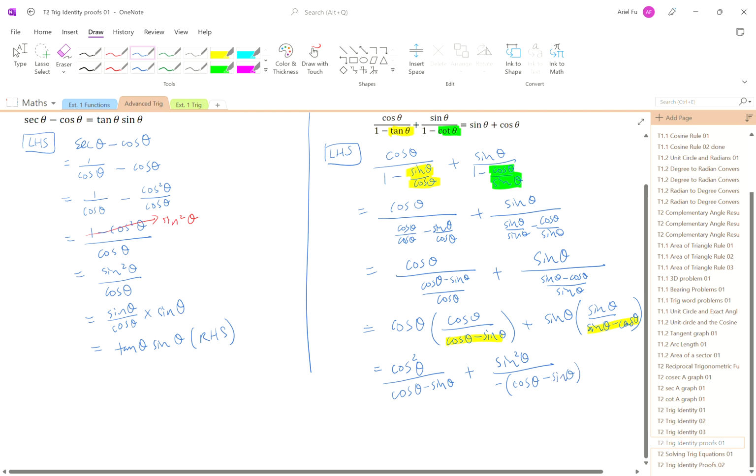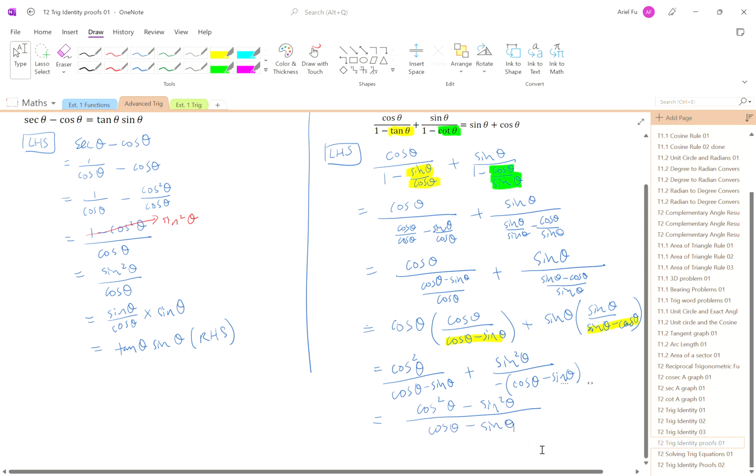Which means that this simplifies down to one single fraction, cosine squared theta minus sine squared theta, over cosine theta minus sine theta.